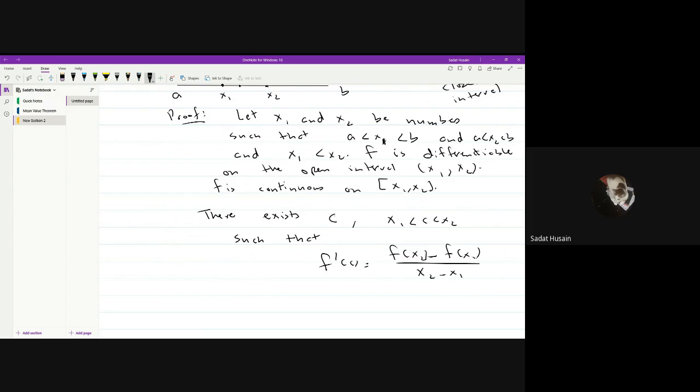Right? That's the mean value theorem. We'll call the mean value theorem the MVT.